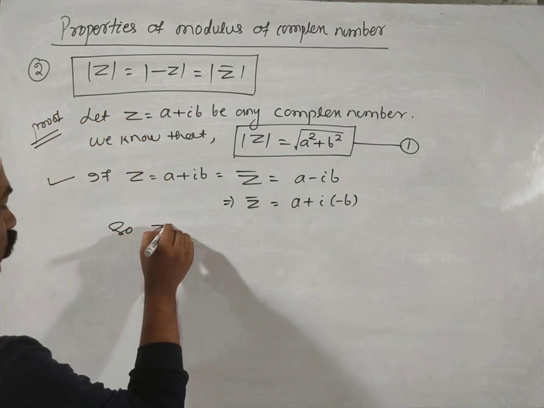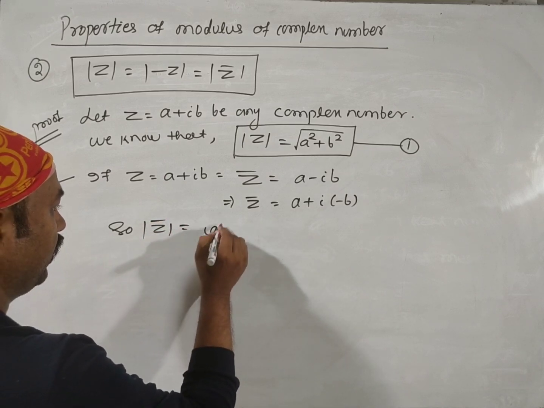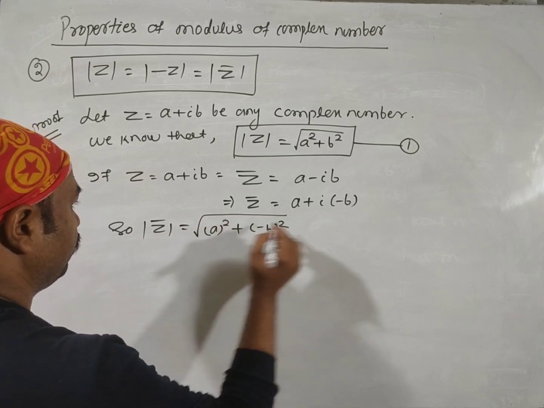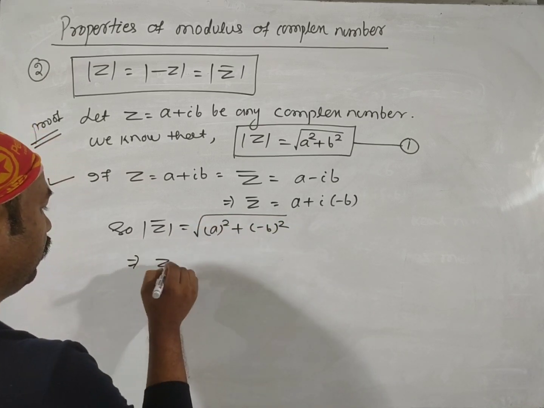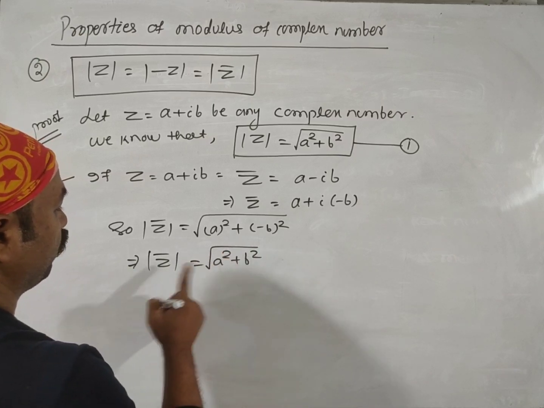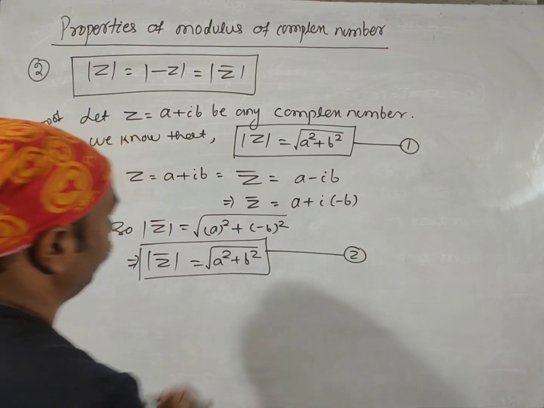So modulus of conjugate of Z, it is defined as again square root of a square plus b square, and consider this as equation number 2.